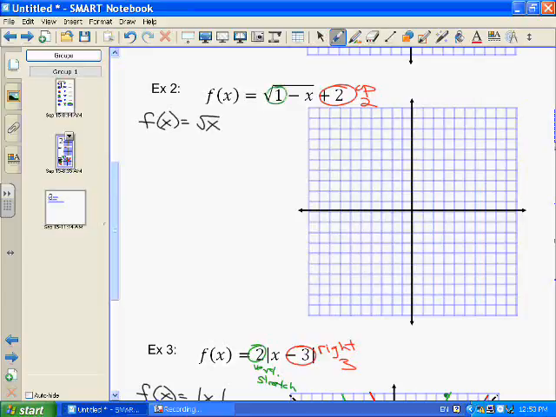What does this 1 do to it? Careful. No, left one. Left one because it's a positive 1. What's this subtraction do to it?